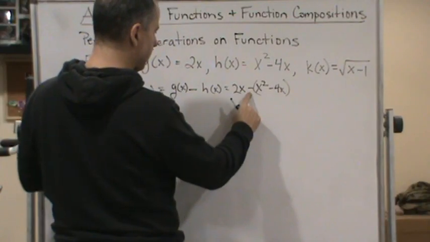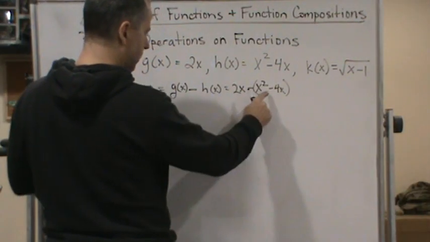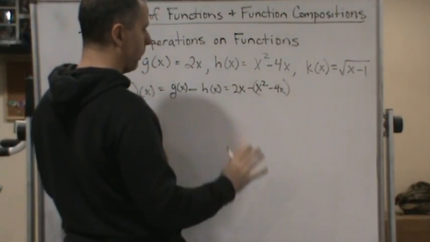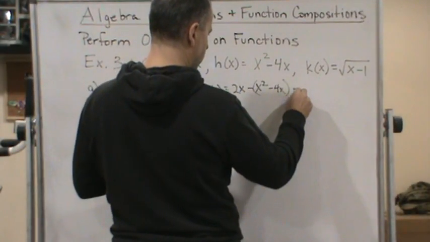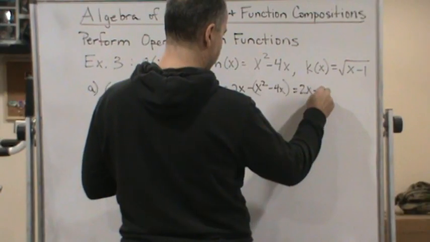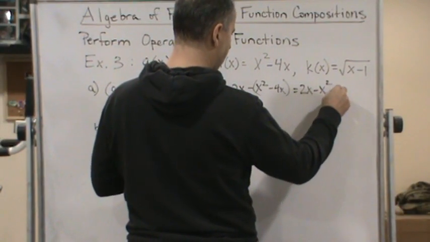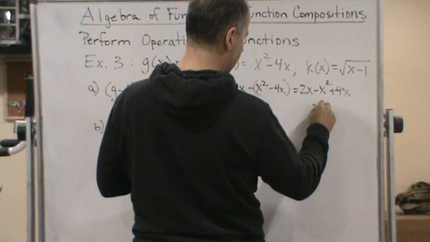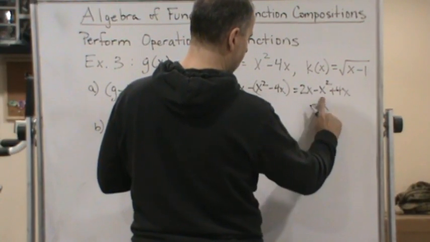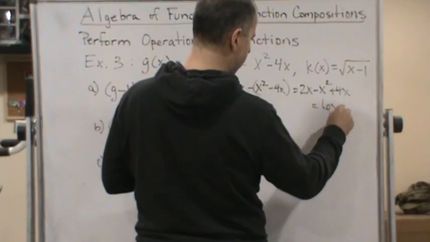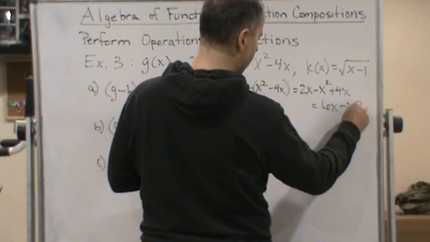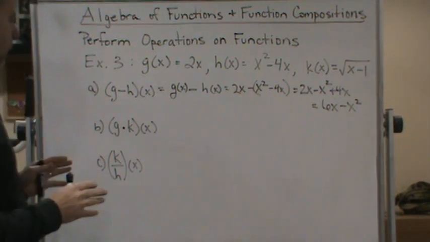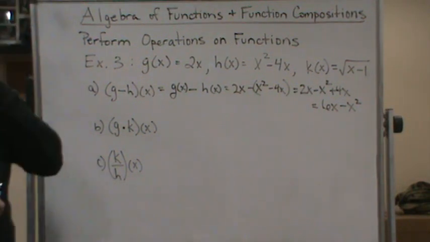Because we're subtracting off h of x, we want parentheses to make sure we distribute the subtraction correctly. So this is going to be 2x minus x squared plus 4x, which gives us 6x minus x squared.